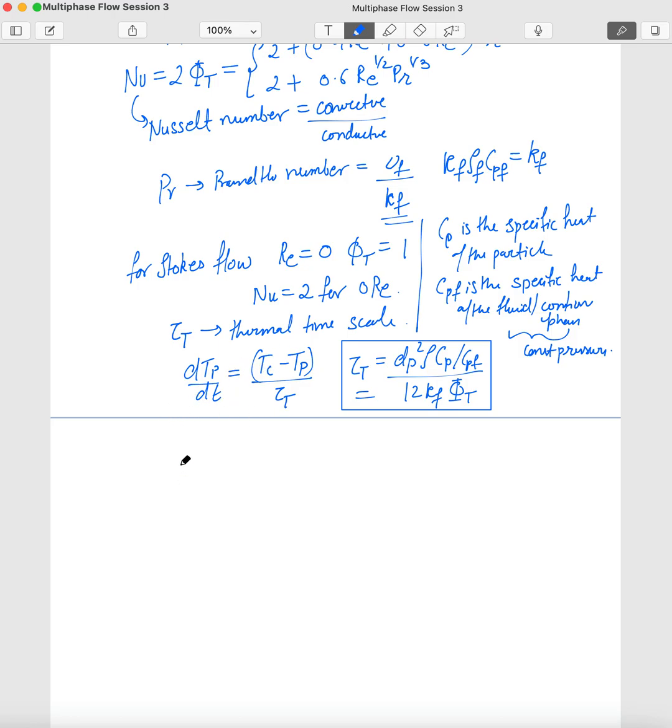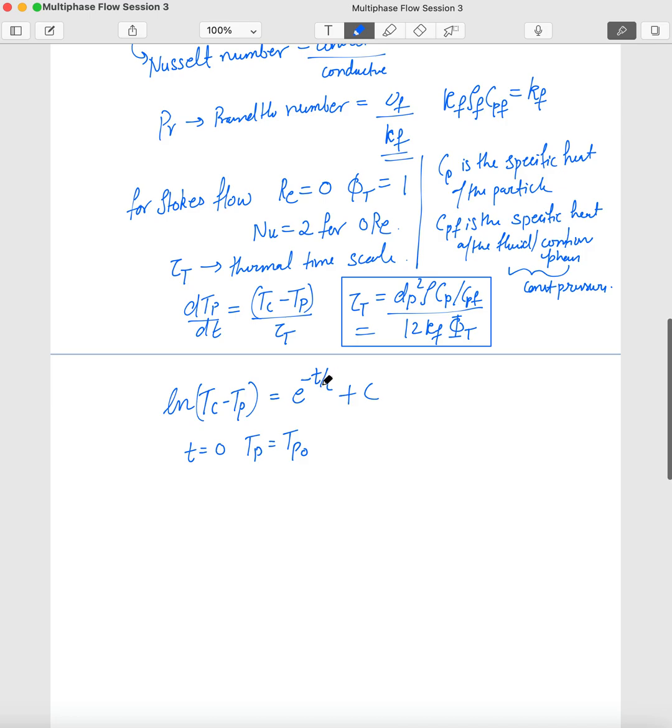Now we can solve this equation. So dTp by dt, and so what we get is ln(Tc minus Tp) should be equal to minus t by tau plus c, and we know that at t equals 0, Tp equals Tp naught.